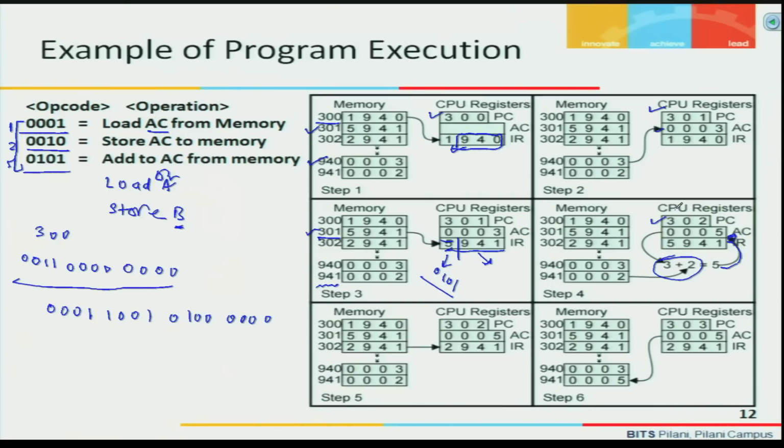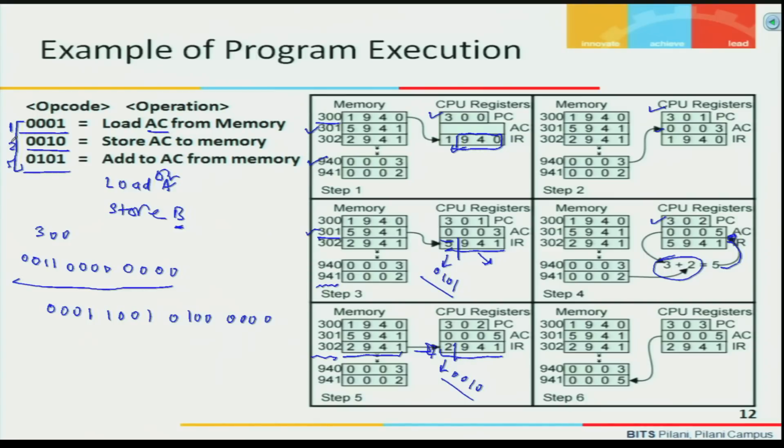So now PC indicates memory location 302, and what is stored at 302? 2941. Now 2941 will be loaded into the instruction register, and here 2 is the operation code. What is the operation code? 0010 in binary.